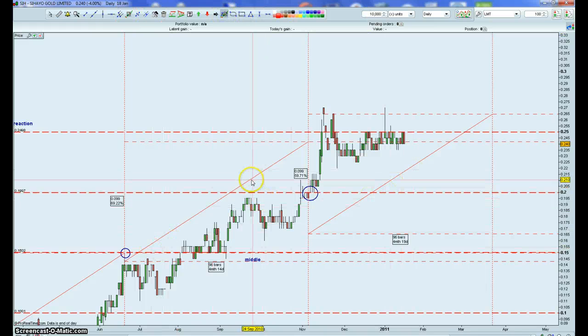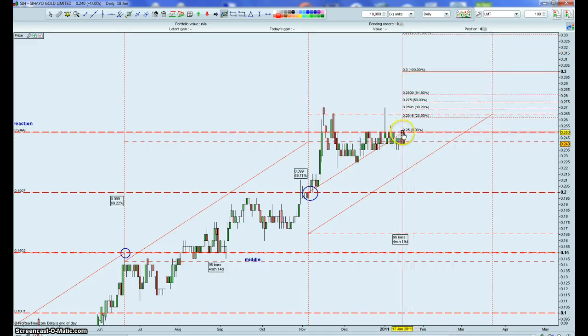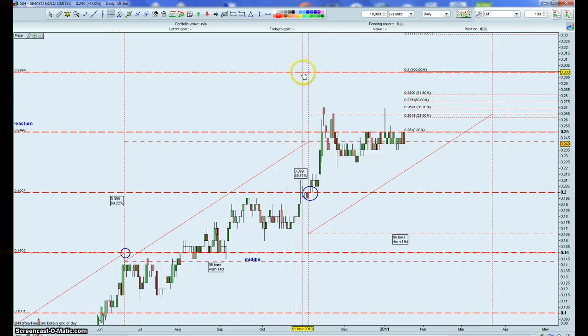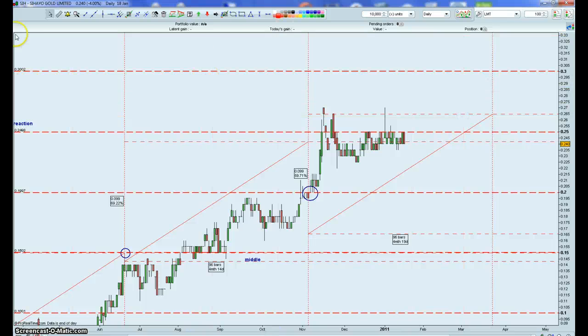These things tend to snap to price, so I want to go there, and it should snap to the price there, and I'll draw on the 100% there. Bang. Delete those fibs so it's not too busy.